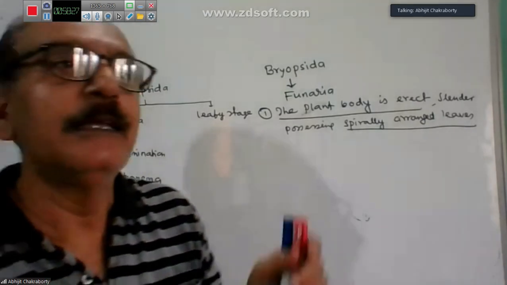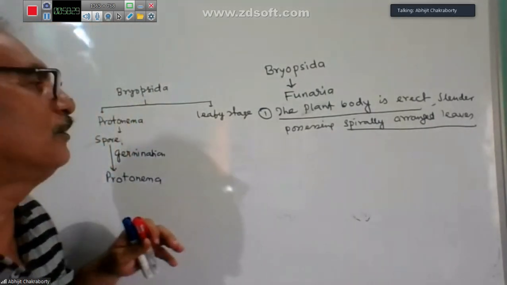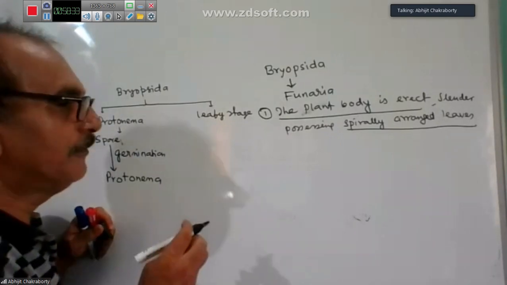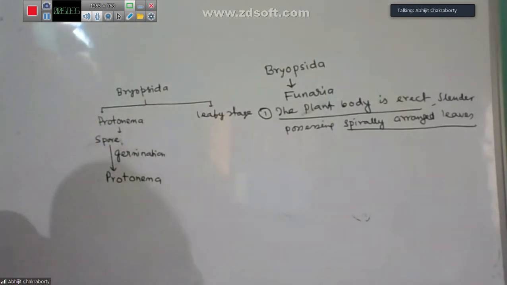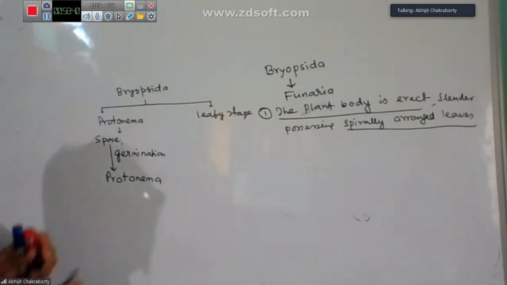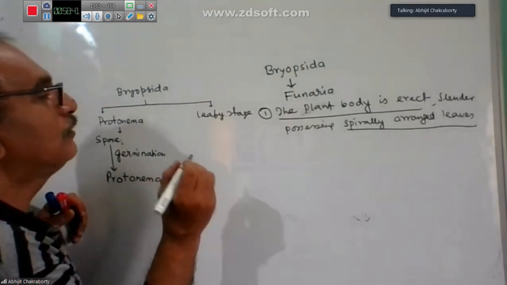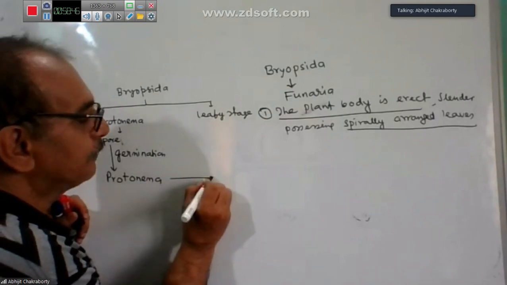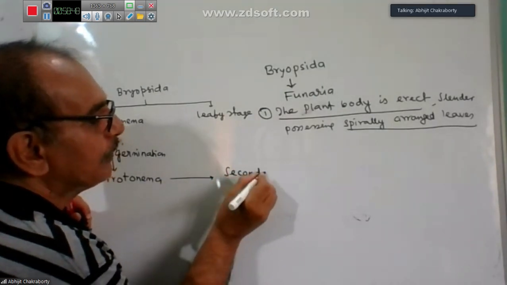This protonema eventually grows to develop. From this protonema gradually the plant body is developed and it is branched, and eventually from it secondary protonema is developed.